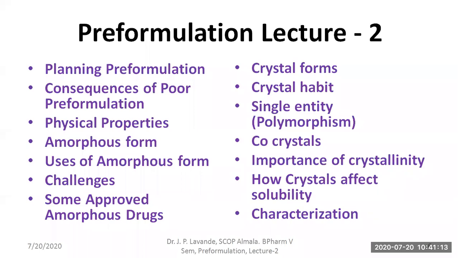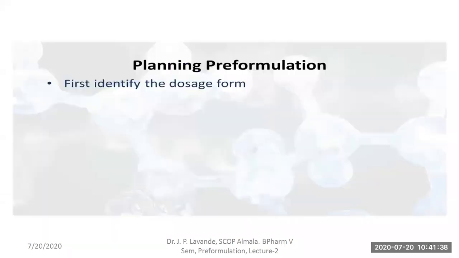Then the different kinds of crystal forms, crystal habit, single entity, that is polymorphism, the co-crystals, the importance of crystallinity, how crystals affect solubility, and last but not least, characterization by the various analytical methods.